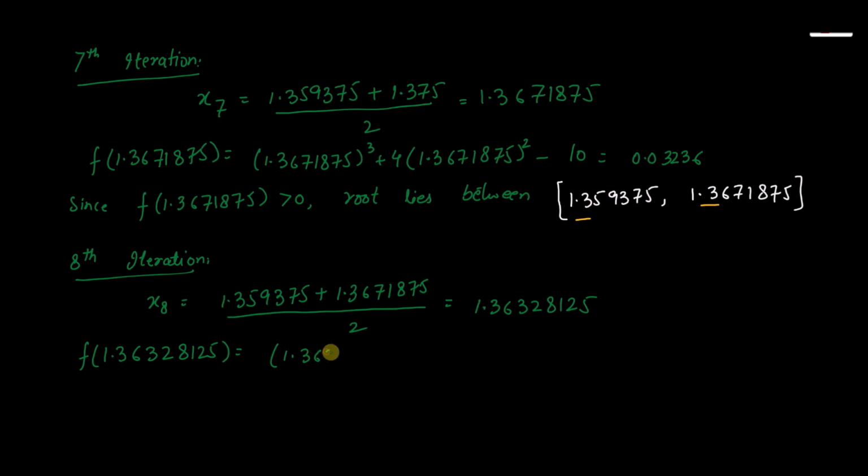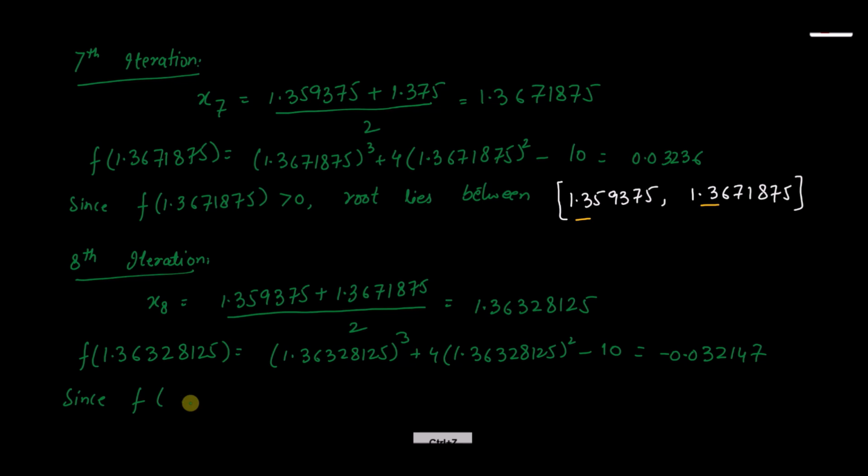So 1.36328125 raised to cube plus 4 times 1.36328125 raised to square minus 10, and when we solve it, we will get negative 0.032147. Since the value is negative, f of 1.36328125 is less than 0.